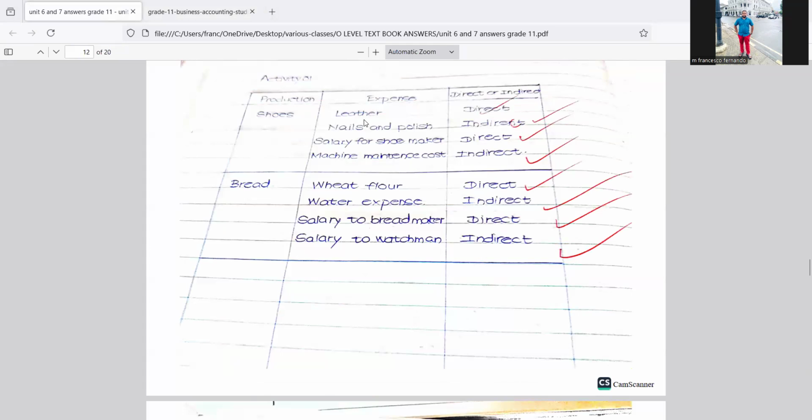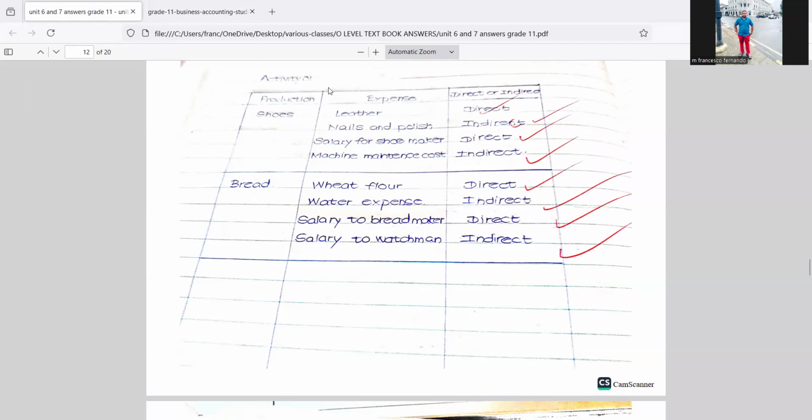Leather is a direct cost when it comes to shoes because it's a directly identifiable cost. But nails and polish, we cannot tell for a shoe how much of nails and polish is required. Therefore it is indirect.